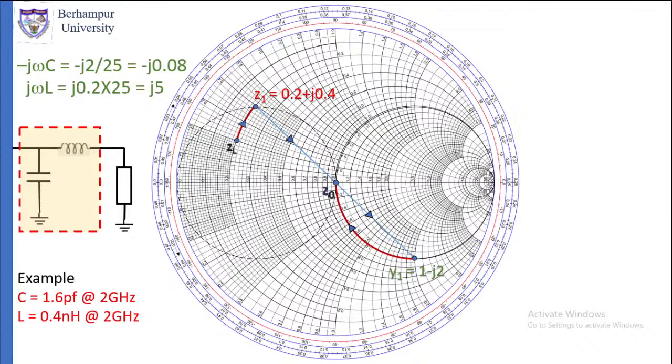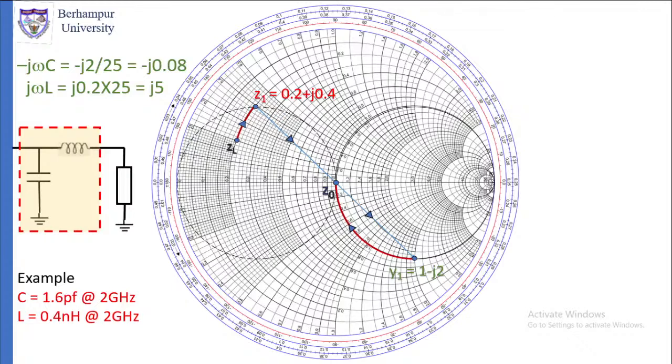Now if you are designing the circuit for 2 gigahertz operation, then j omega C is equal to 0.08. Omega we can find out, 2 pi into 2 gigahertz, so 4 pi.